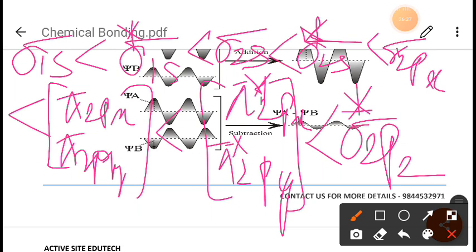So I hope you have understood how the relative order of energy of molecular orbitals varies, right?